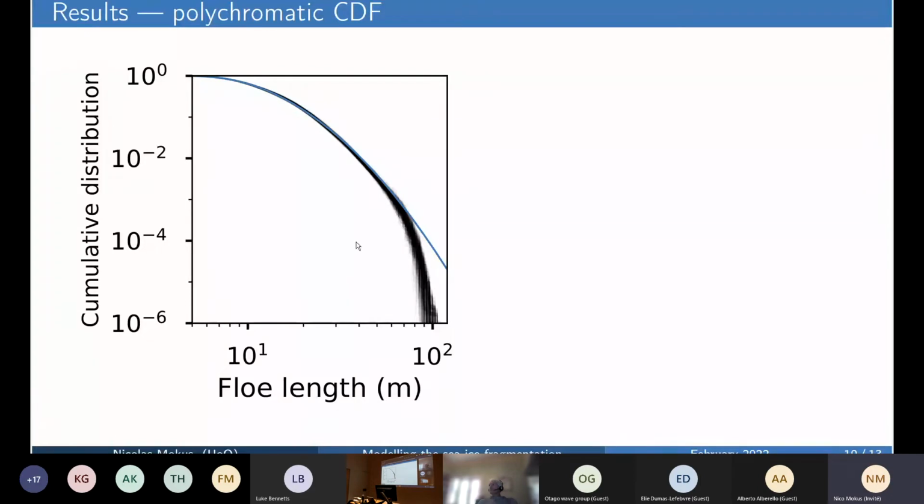Basically, what the lognormal model does is over-predict longer flow sizes that do not exist in our physical numerical model.